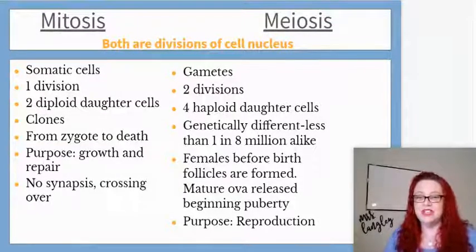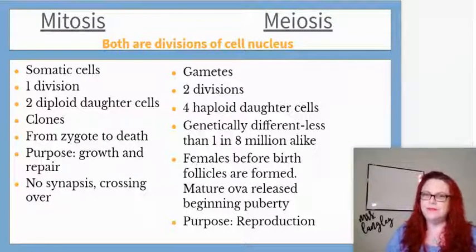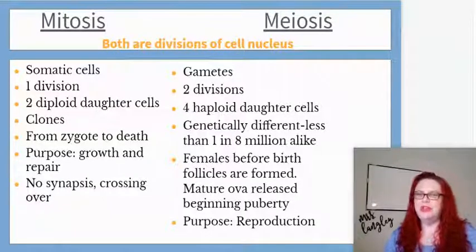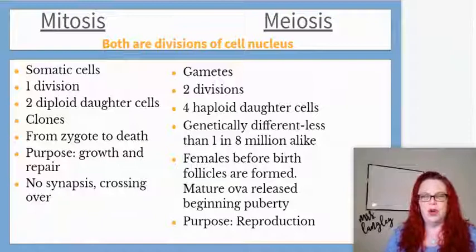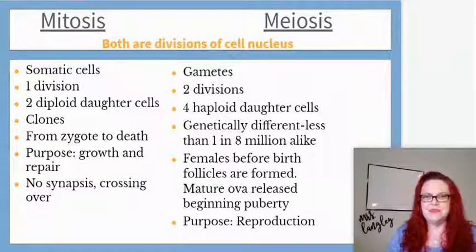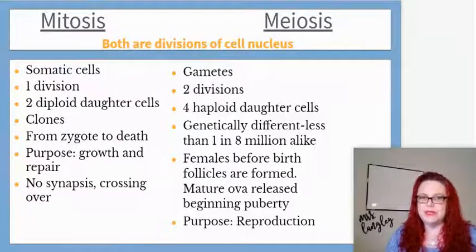They're identical to the original cell, unless there might be some mutation going on. This is what happens from the time you become a zygote until you die, except in special tissue, like the ovaries or the testes. The whole purpose of mitosis is growth and repair, and none of that special stuff happens during mitosis.